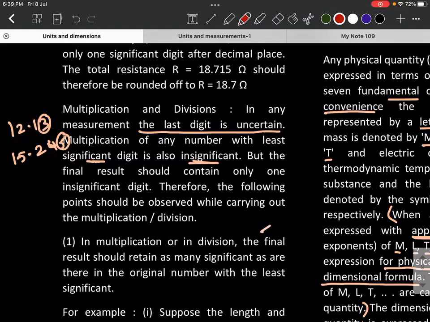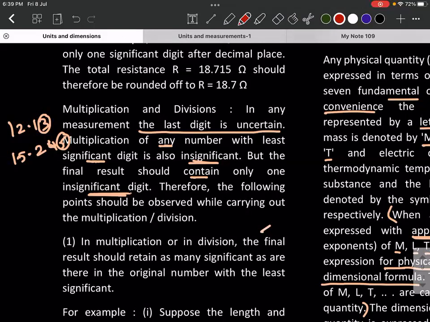Is that right? That is what they're trying to say: multiplying any number with the least significant digit is also insignificant. But the final result should contain only one insignificant digit. That is what the definition of significant figures tells us. If you revisit the definition, what does it tell? Significant figures are the numbers which are certain plus one uncertain digit.